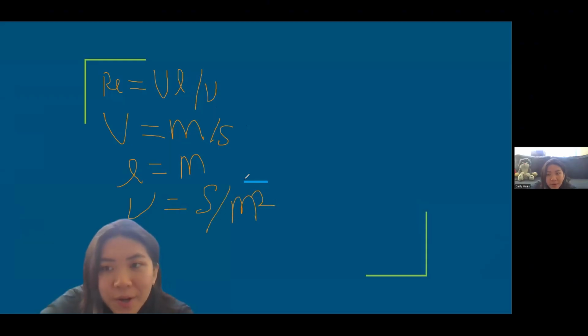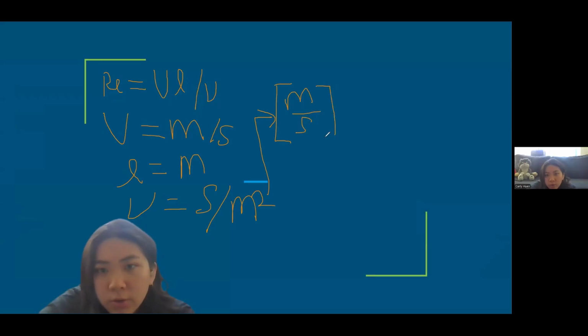I'm hoping this is right, but don't do what I do. By the way, this square bracket is the correct notation when you're writing out your units. This is how you're supposed to write out your units. I learned this in community college. Okay, and now I'm just flipping it upside down because that's what dividing by one means.